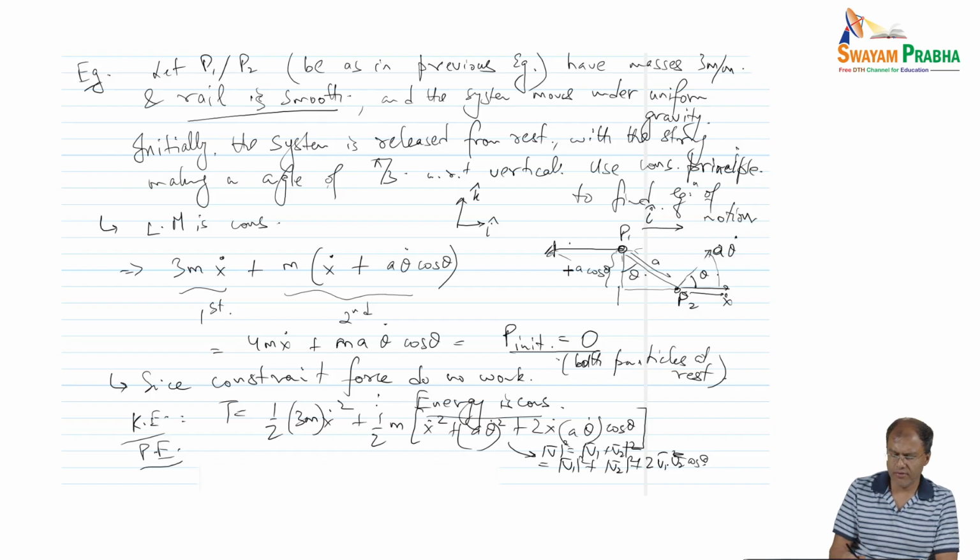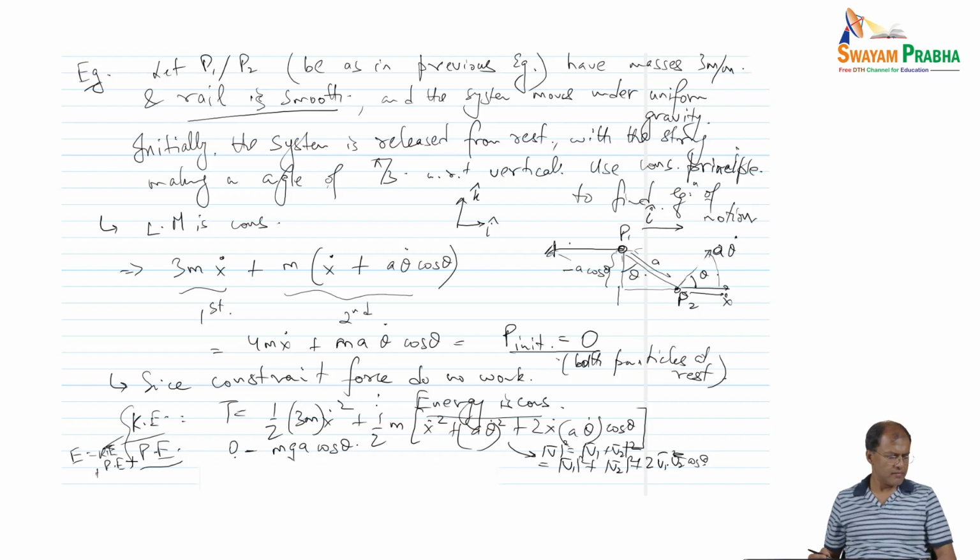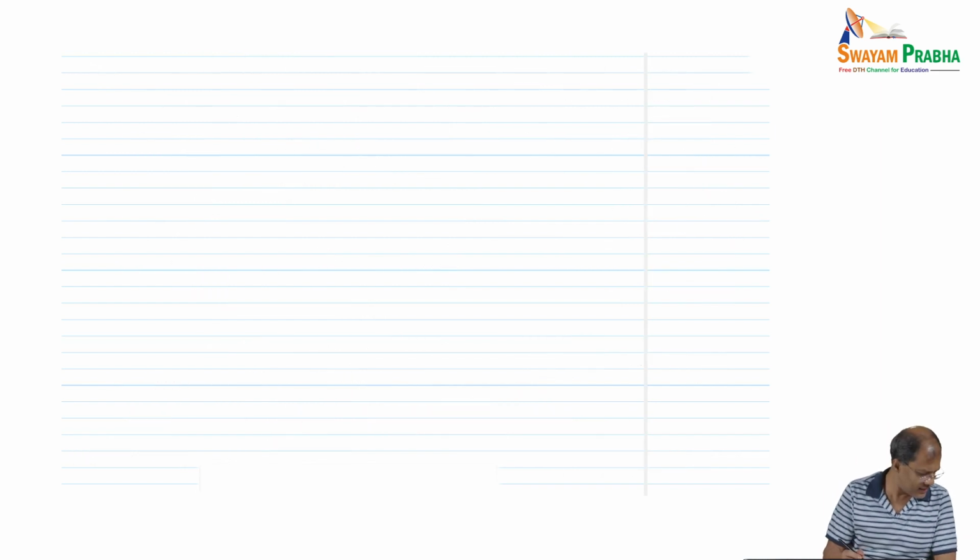So the net potential energy will be, for the first particle it is 0, for the second particle it is going to be mg a cos theta. And if we add up these two, that's going to be the total energy. E is going to be KE plus PE.